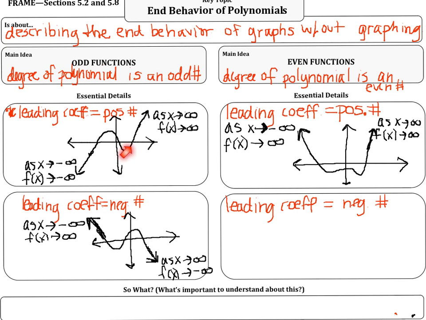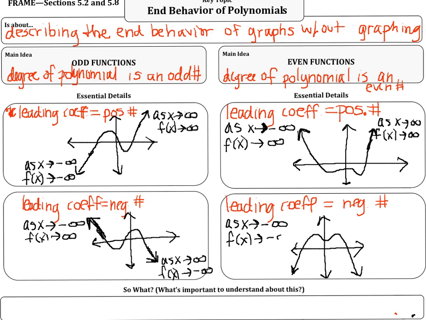And if you notice, these graphs kind of flipped, didn't they? This graph's going to do the exact same thing. It's actually going to flip upside down if my leading coefficient is a negative number. So my graph is going to look something like this if my leading coefficient is a negative number. What that tells us is that as x goes to negative infinity, because my x is decreasing, my function is also going to go to negative infinity.